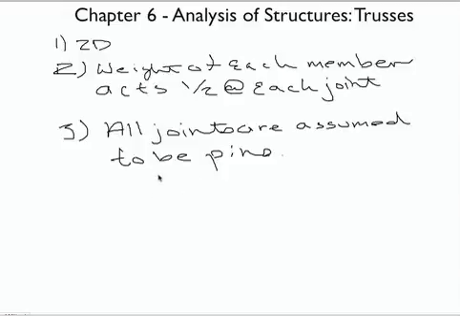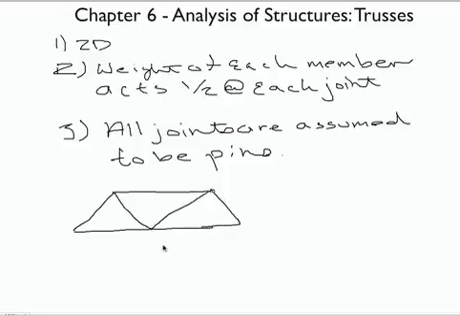So at each one of the joints, let's sketch out a very simple truss that's made up of just a few pieces, right? So here's a very simple truss. Again, we have probably a couple of supports on the end.